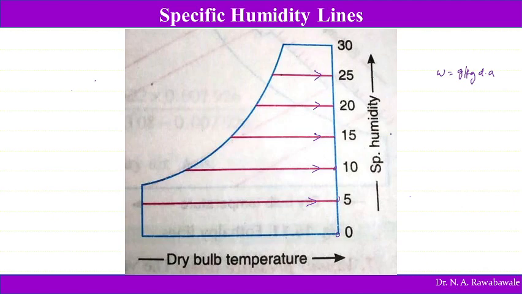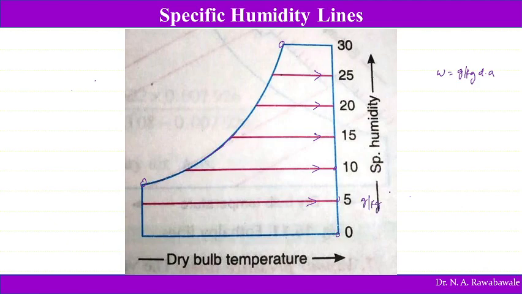These lines represent the specific humidity lines, and this curve represents the saturated air curve, where the air does not hold any more water in it. This curve from here to here represents the saturated air curve. This is represented in grams per kg.